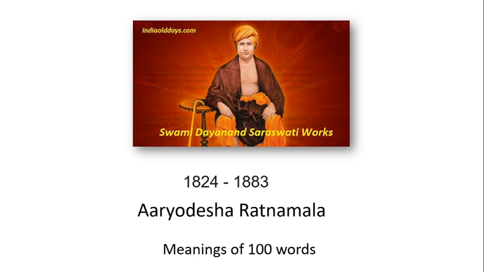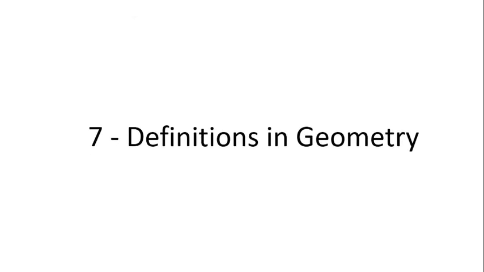I understand that if Swami Dayananda was to give any lecture, prior to that he used to give in writing the definitions, the meaning of the words that he was going to use in his lectures, so that the audience would be very, very clear about what exactly he means. In the same way, let us try to define certain things which are very, very important to understand geometry. That is our theme now.